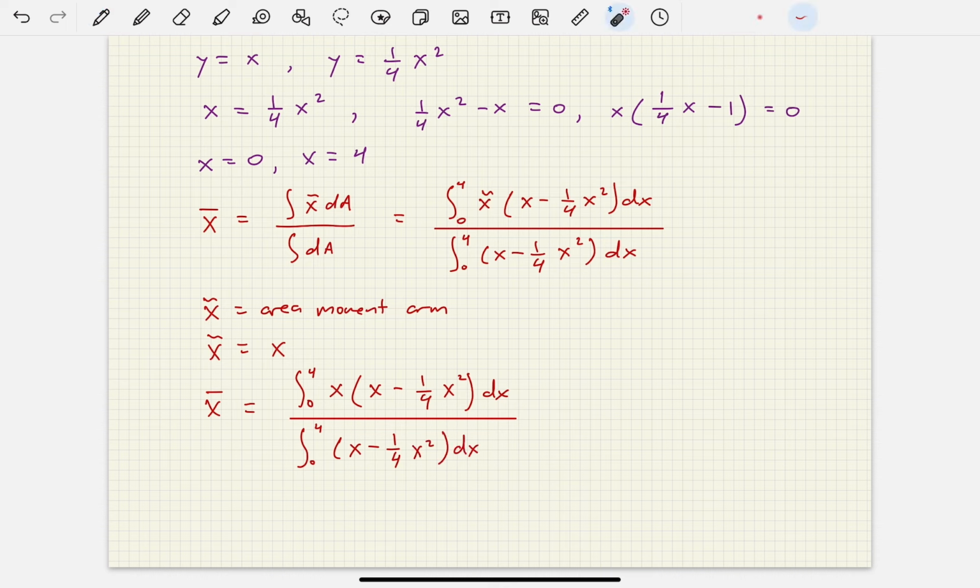Now remember, you can't just be canceling stuff willy-nilly, okay? This is two separate integrals that you just divide by each other. So let's evaluate these. I'm going to use my TI-36X Pro to help me. I'm going to type these integrals into my calculator, integral 0 to 4, and I'll do the top integral first. So let's multiply that x into the parentheses: x squared minus 0.25 times x cubed.